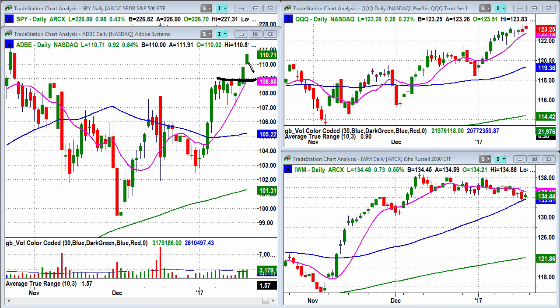It broke out. Some people will be thinking, oh, I missed it, but in fact, it had a really nice pullback and reversal intraday, so you could have been a buyer right there, and now you're long Adobe as it's really just starting to get going and breaking out.